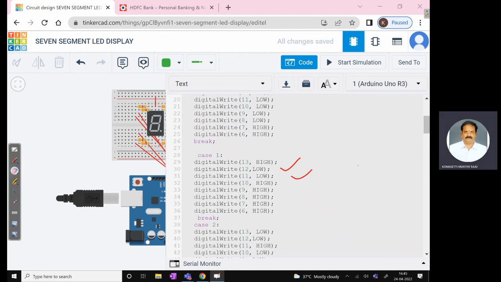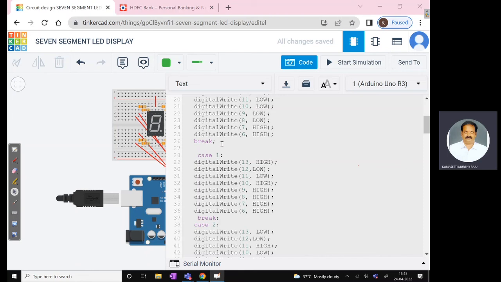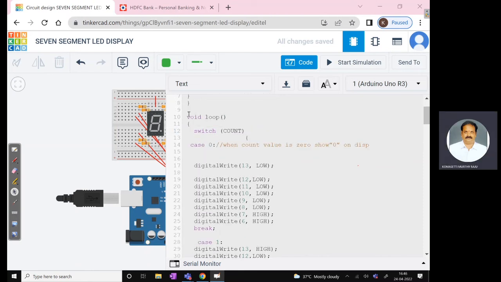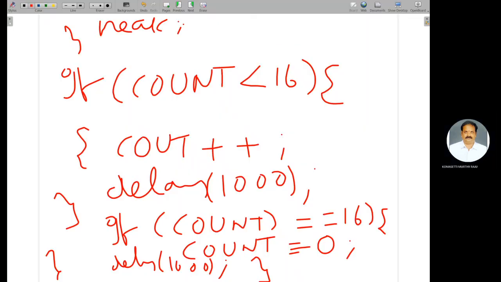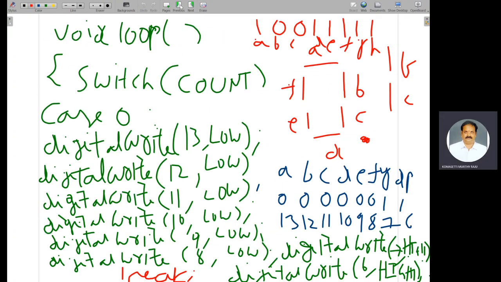In this fashion, I have to cover 15 cases: case 1, case 2, case 3, case 4. At each and every case, a break is there. Here is the starting curly bracket, and after the switch on count, one closing curly bracket is there.